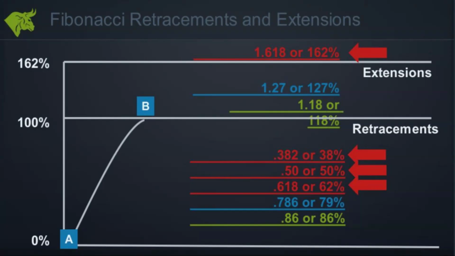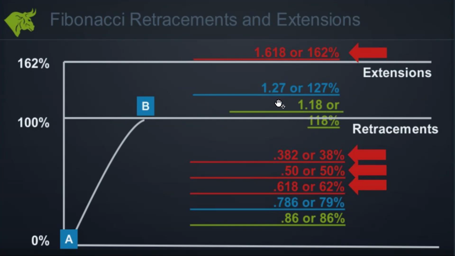Okay, is that clear? Now, any value from 0.382 to 0.86, all these values that we got in those ratio calculations, they are all retracement levels in the Forex market. Okay, then any value above 100 is extension, because now it's more than 100.